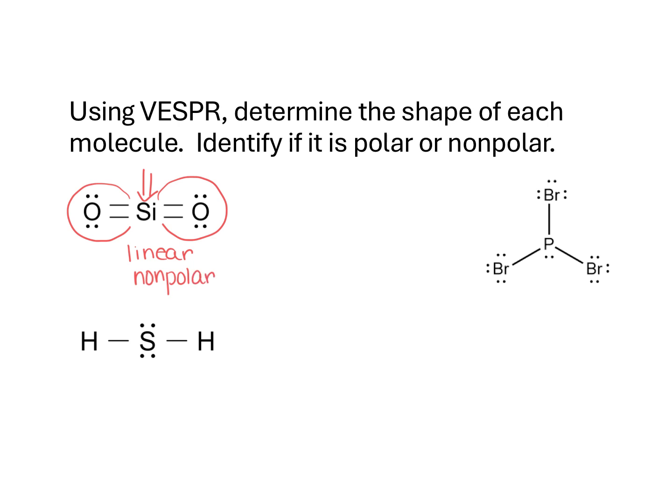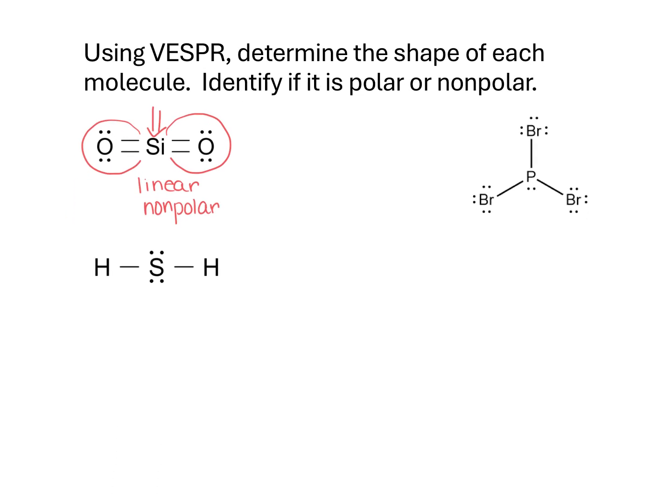Okay. Now, let's look at the next example. This is H2S, right? We're looking here at this central atom. When we look at the central atom, which is sulfur, we see there's 4 groups. There's 2 lone pairs here, then it's bonded to hydrogen here and bonded to hydrogen here. Because it has those 2 lone pairs, we know that this is bent, okay?